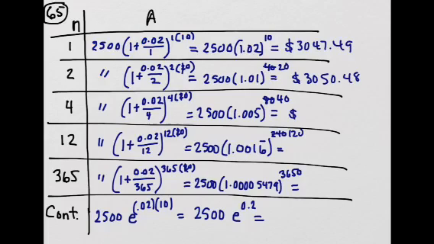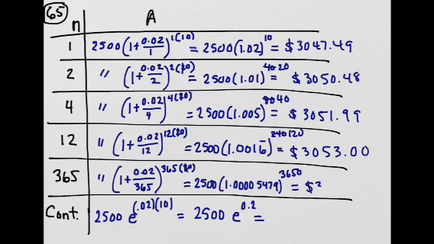For the next one it's 3,051.99, and then 3,053. Now it's not exactly 3,053, but it was like 99 cents, and the next number was like an 8 or something. So you round it up, so you got $3,053.